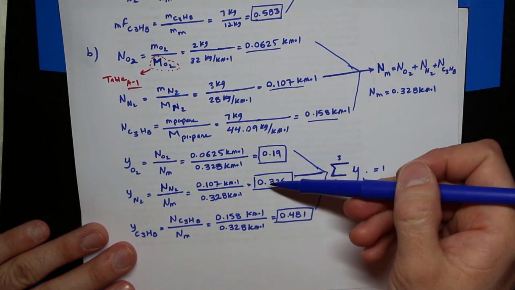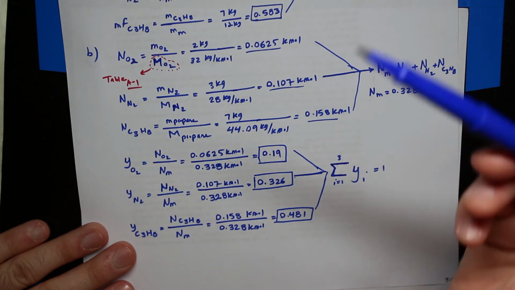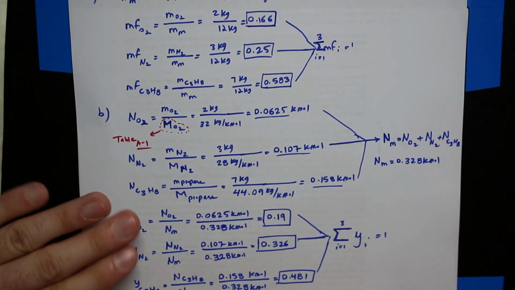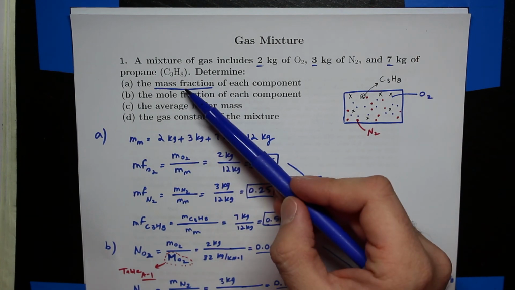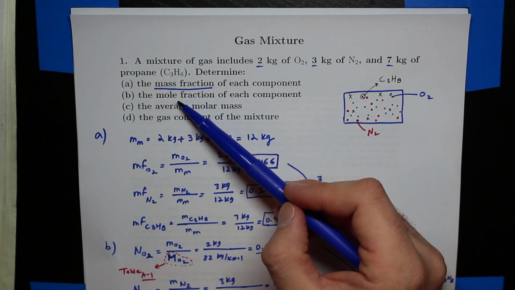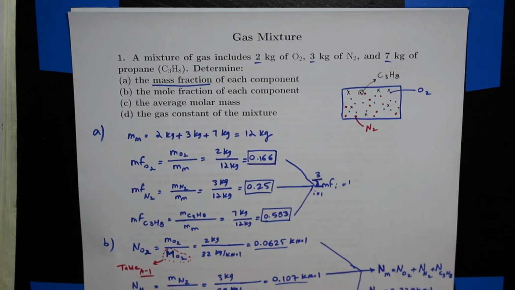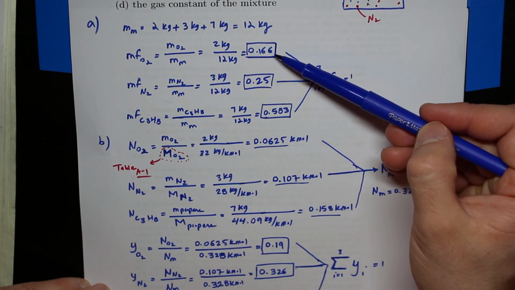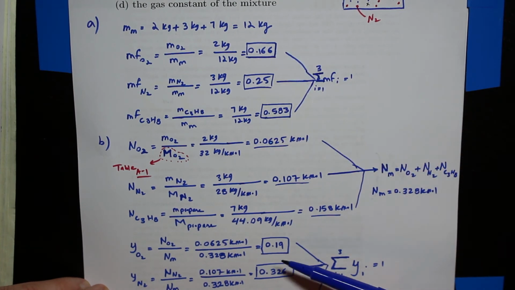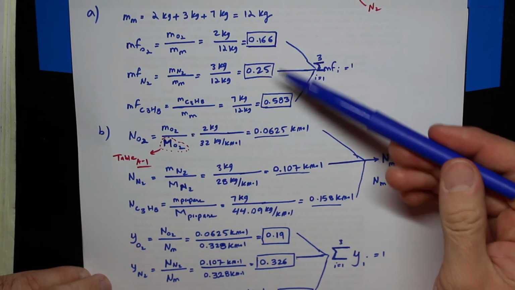So these three numbers are answers to part B. And if I get back to the problem statement, you will see that the mass fraction values are not necessarily the same as the mole fraction values, because in part A, we had 0.166 for oxygen, but the mole fraction was 0.19. So the numbers are not the same.